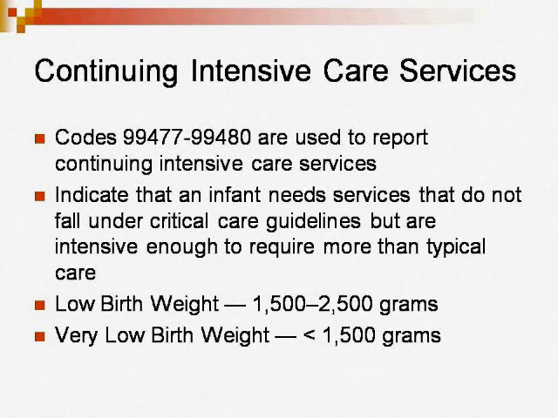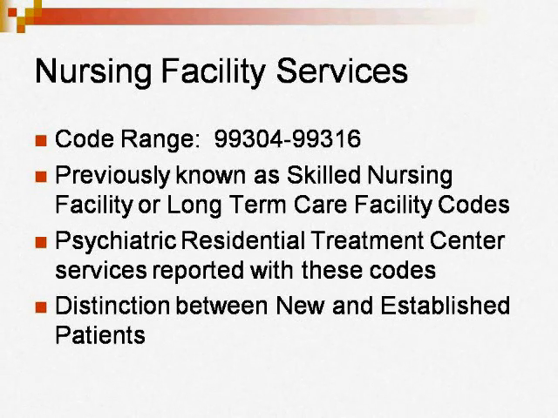Continuing intensive care services are used to report services where the patient no longer falls under critical care guidelines, but requires intensive care. These codes are usually determined by the weight of the infant. Nursing facility services are inpatient services.